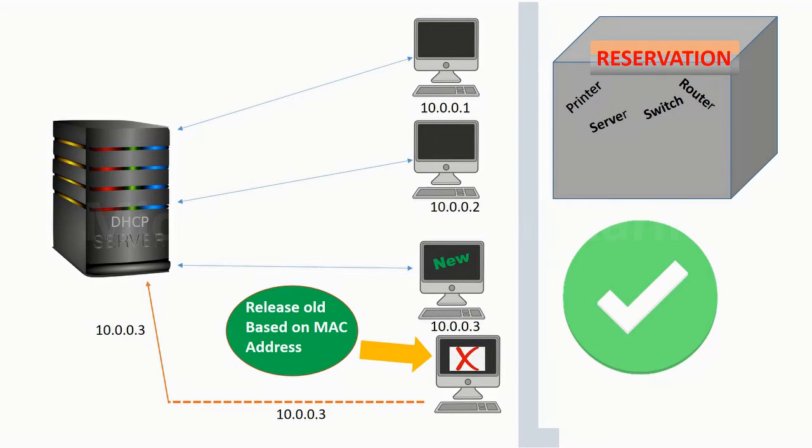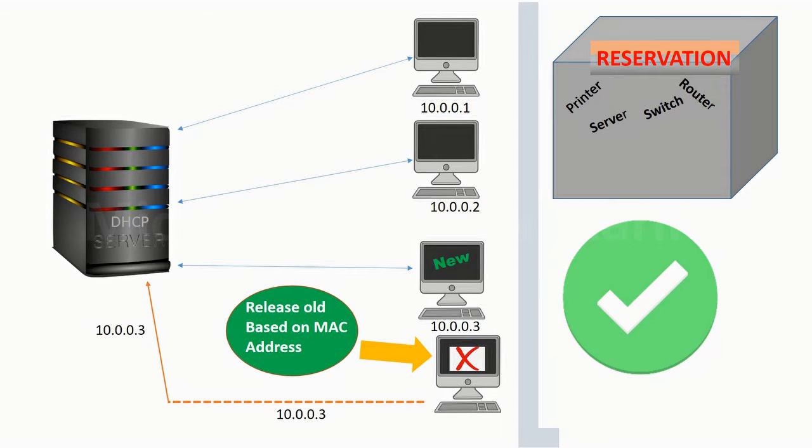And there is a technique called reservation in the DHCP server. In a secure network, we cannot change the IP addresses of printers, servers, switches, routers and other network devices as we wish. Client systems will connect randomly to any system because there will be a username and password.